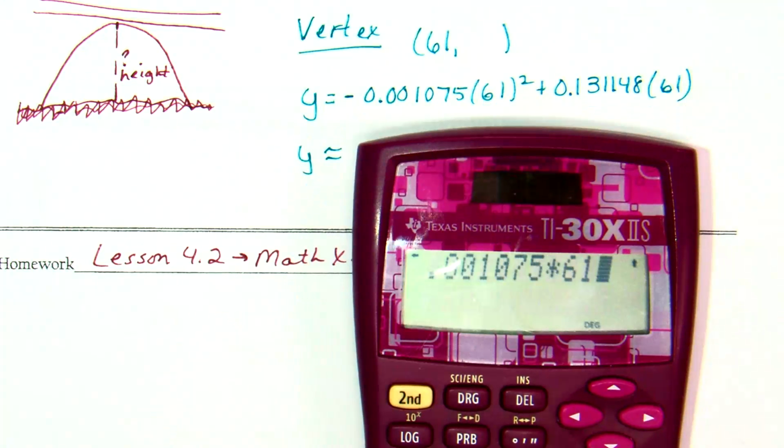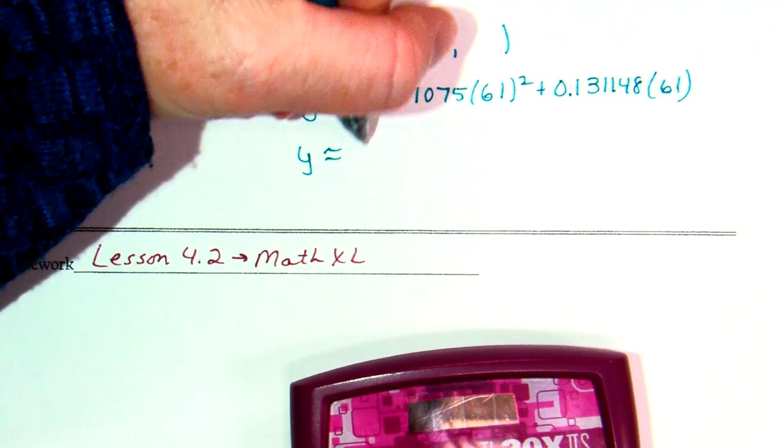And guys, to do squared, you can just type in this x squared button here. Plus 0.131148 times 61. 3.99993. What is that? 4. That's 4. Okay.